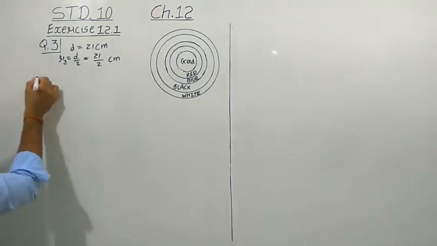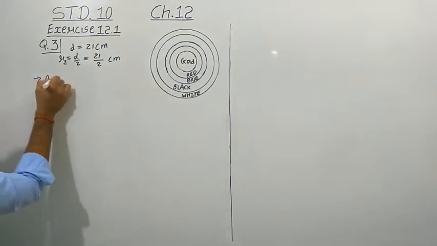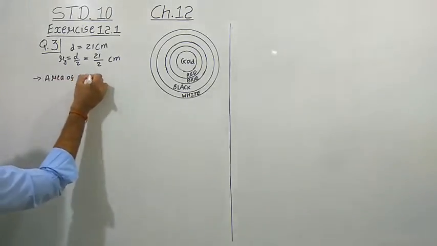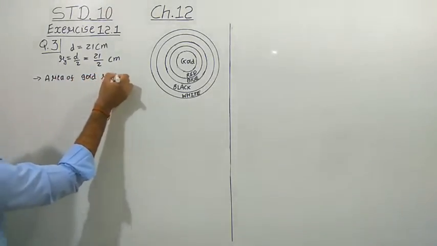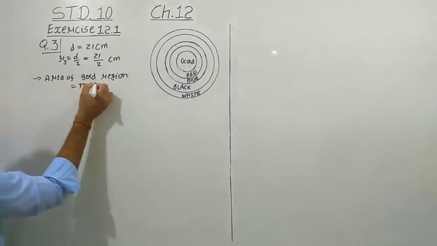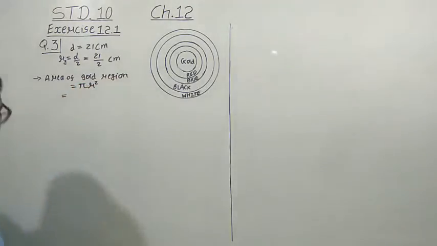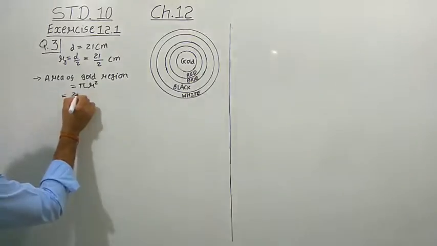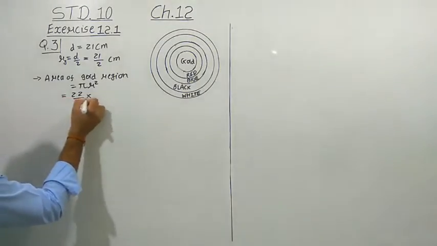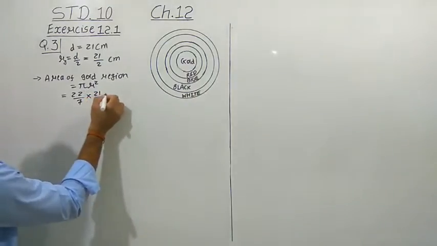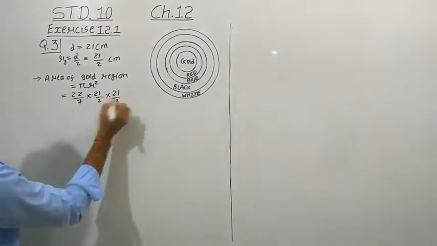Now we know that to find the area we have the formula: area of gold region, that is the area of the circle, and the formula is pi r square. Now the value of pi, here we have to take 22 upon 7. So it is 22 upon 7 r square. That means we have to take this r value twice.